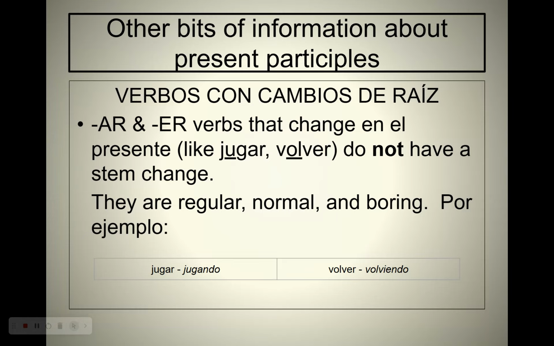Just like in the preterite, AR and ER verbs that have a stem change in the present, like jugar, to play sports or games, or volver, to return, and this is to return as in a person is returning to a place, do not have a stem change in the present participle, regular, normal, and boring as heck. So, por ejemplo, you have jugando for jugar, and that's playing. And for volver, you have volviendo, returning.